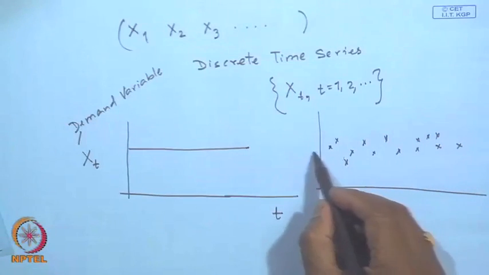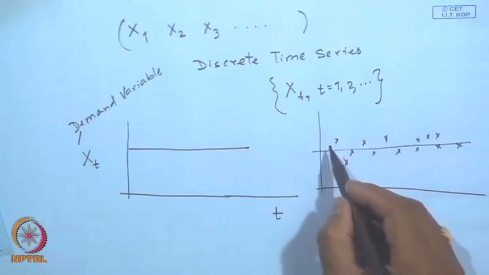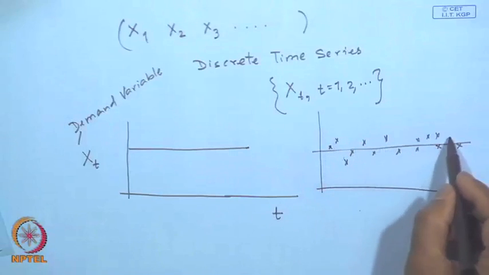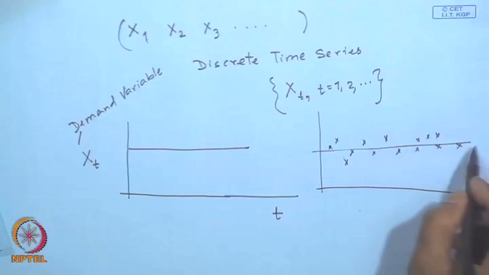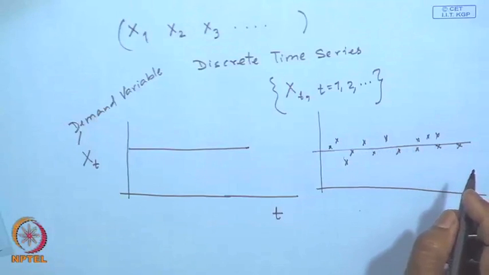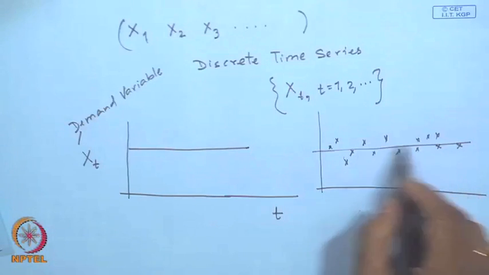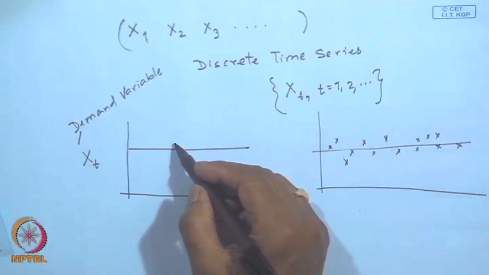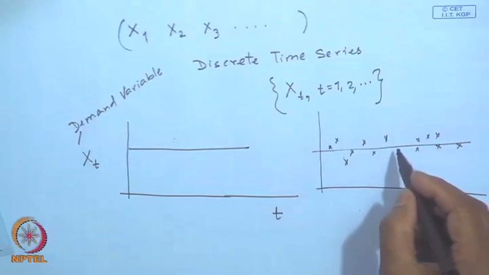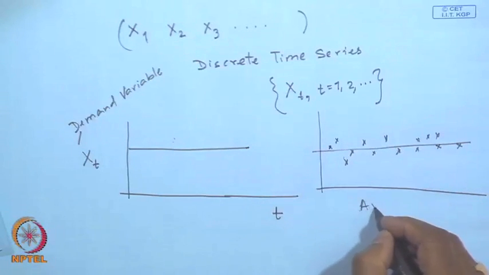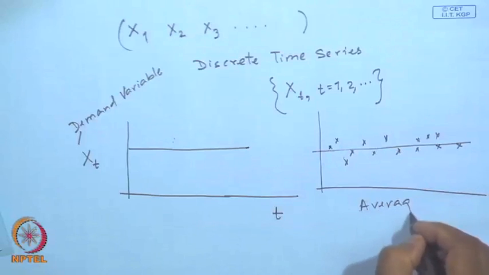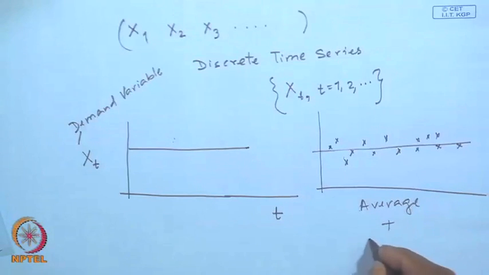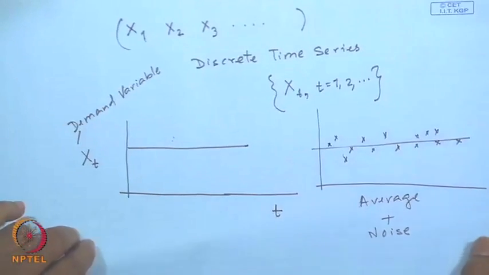Which means that there is an average value and there is a random fluctuation or an error term. This is a case where there is an average plus a noise. Let us take another case.